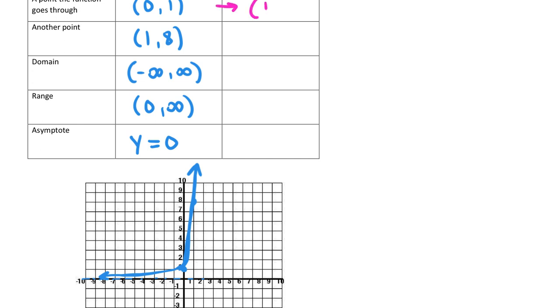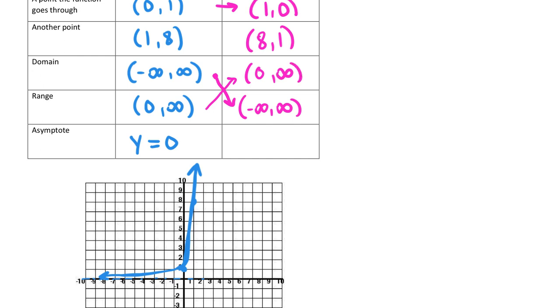The point (0, 1) becomes (1, 0). The point (1, 8) becomes (8, 1). The domain, which are the X values, becomes the range, which are the Y values, and vice versa. The range becomes the domain. And then we have the asymptote y equals 0 for the exponent, so the y is just replaced with an x.